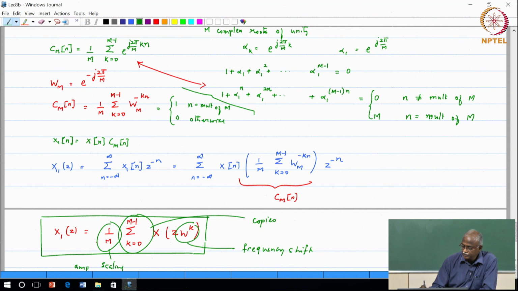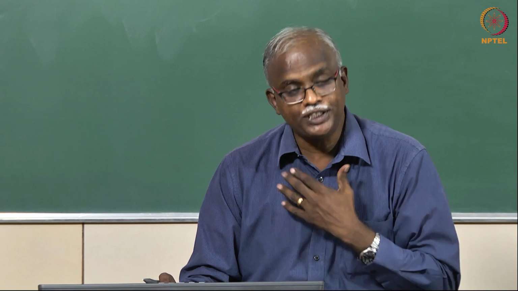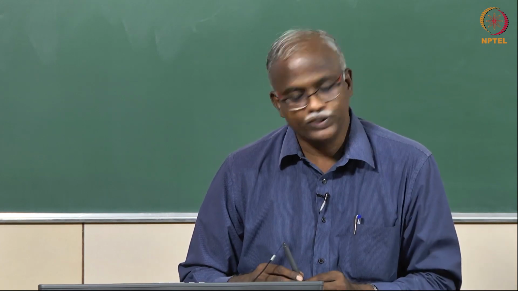Frequency shifted by what? They are shifted by 2 pi over m times k. So there is a scale factor, and then there are shifted versions of that. Please interpret this equation, and we are one step away from writing the expression for xd of z that we will complete in tomorrow's lecture. Thank you.